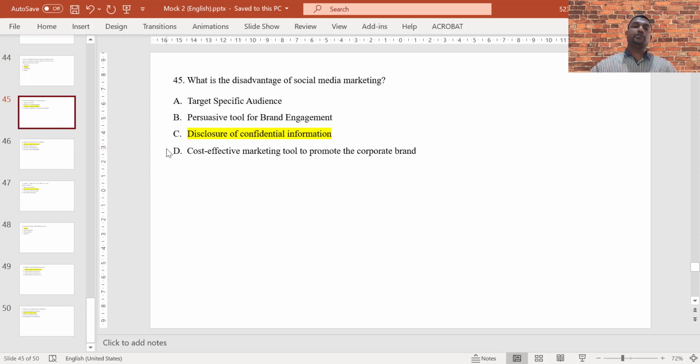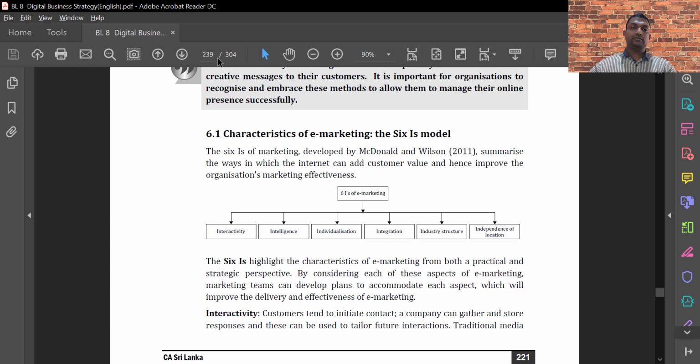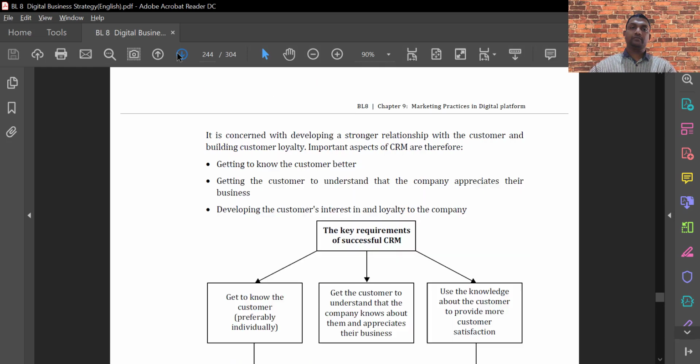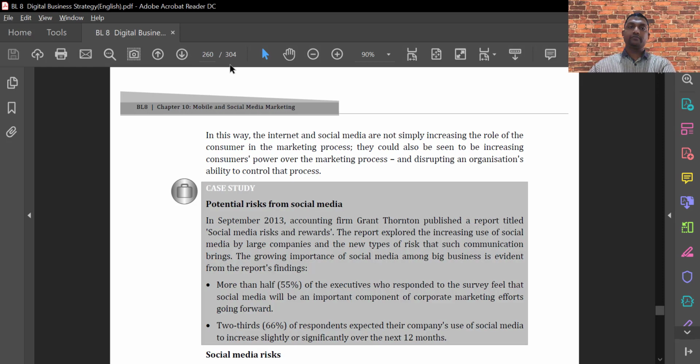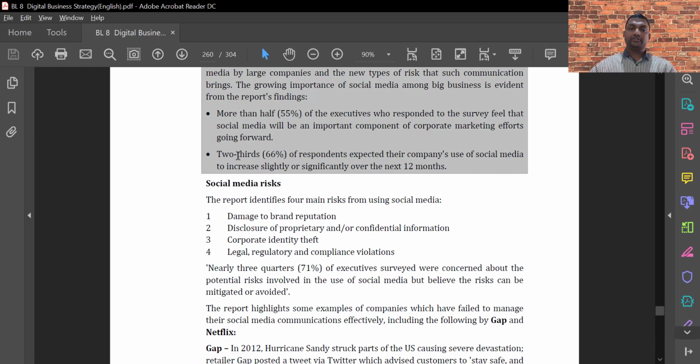Question number 45. What is the disadvantage of social media marketing? There are a lot of advantages, but there can be disadvantages as well. Let's look at how this is explained. Social media risks.